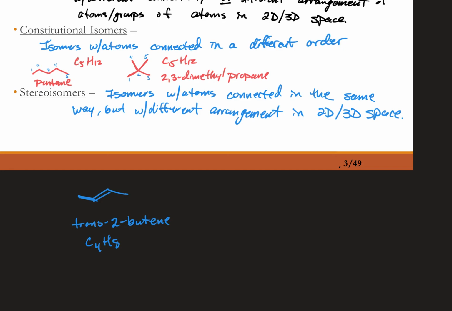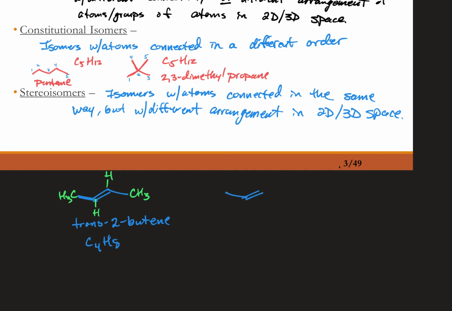There's 3 hydrogens here, 3 hydrogens there, 1 hydrogen here, and 1 hydrogen there. I'll write CH3, CH3, and then the H's will go there. Now you can see that the carbons are connected through the carbon-carbon double bond in that structure.